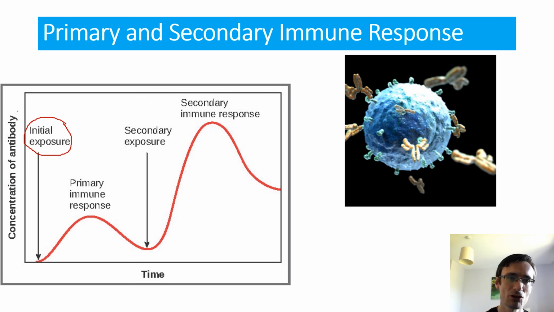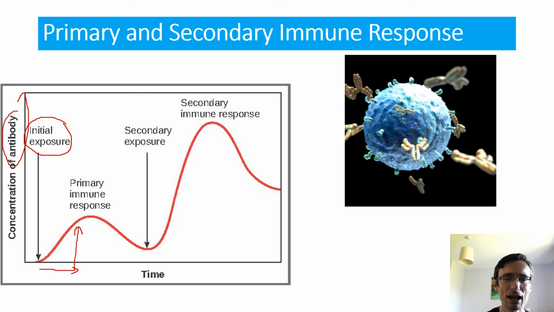So this graph shows you the antibodies, but that will take a certain amount of time. So you get ill and you feel poorly for the first bit, as your antibody levels increase. That then kills off that illness, and you don't feel ill anymore, and your antibody levels drop.